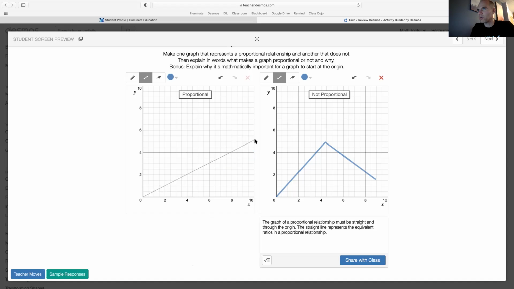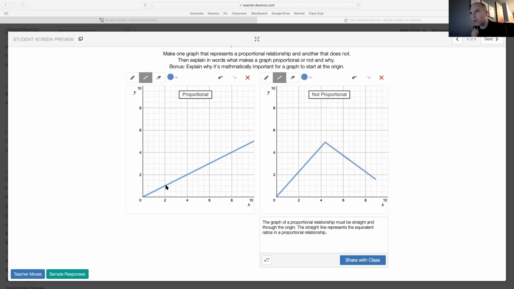So with the proportional one, the line stays straight because both x and y are changing proportionally. Or in other words, the values are going up at the same rate.